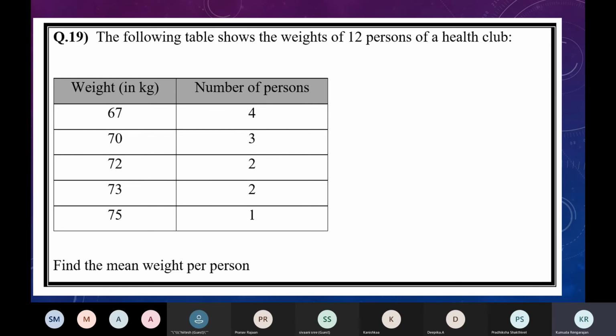You can see the column headings, weight in kgs, number of persons. The table represents the weights of 12 persons in a health club.